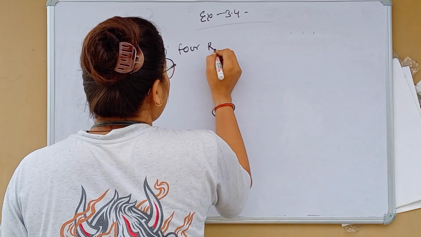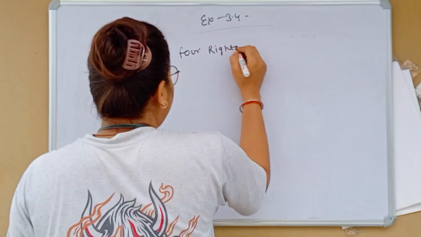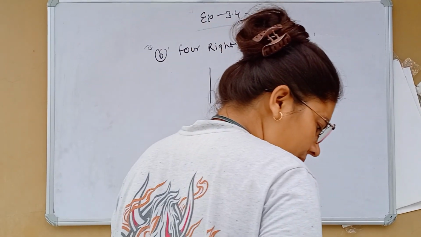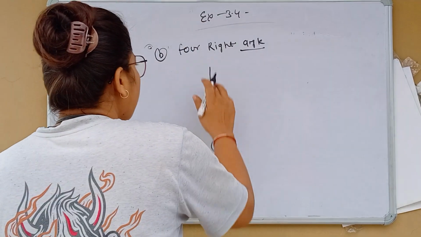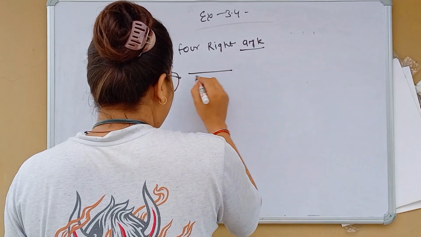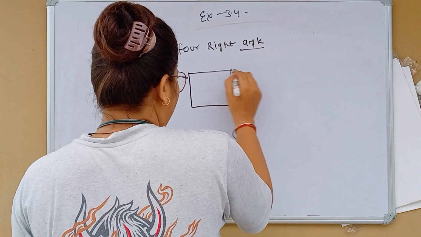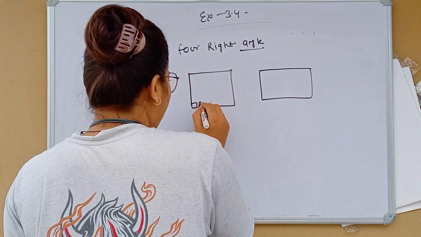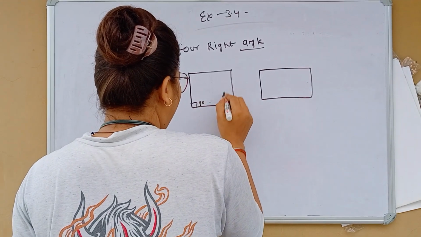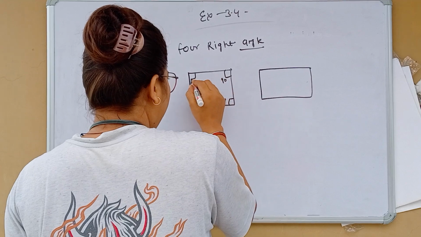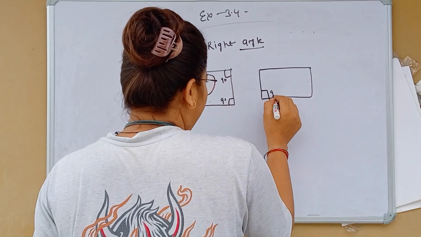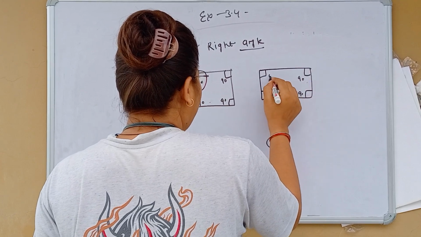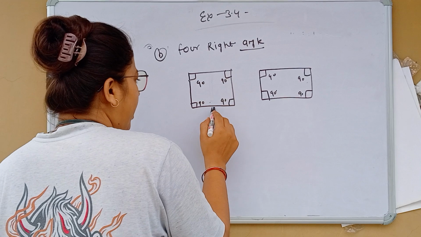Four right angles, that means 90 degrees. First make a figure. Here 90 degrees, 90 degrees, 90 degrees, 90 degrees. So whose figures did we see? Square and rectangle.